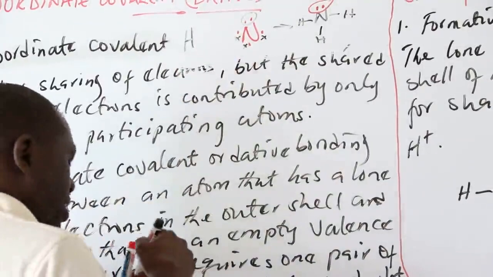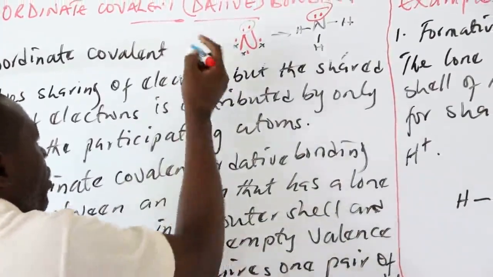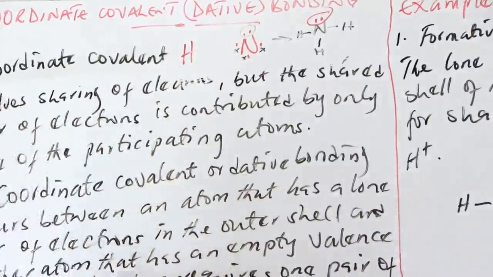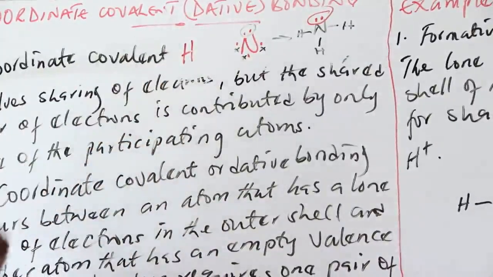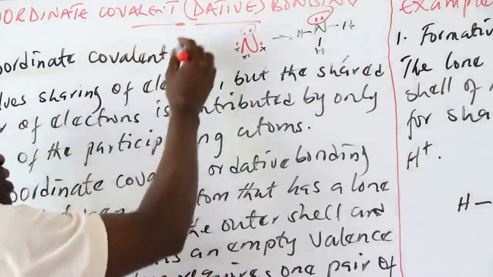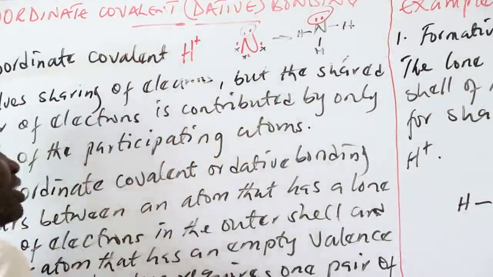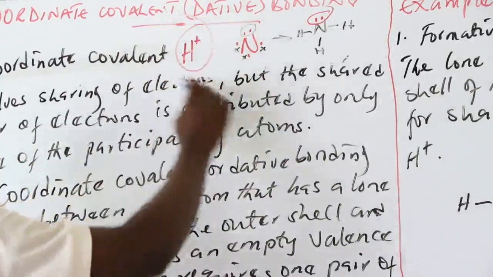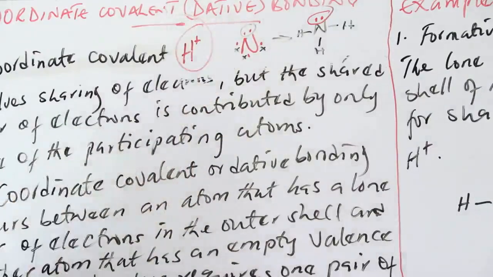Hydrogen ordinarily, in its atomic form, has 1 electron and needs 1 more electron to complete its 1s orbital, which is the only shell it has. So if hydrogen loses its electron to become a hydrogen ion, this hydrogen ion now has a vacant orbital. It does not contain any electron, because originally it has 1 electron, and now it has lost that 1 electron to become a hydrogen ion.